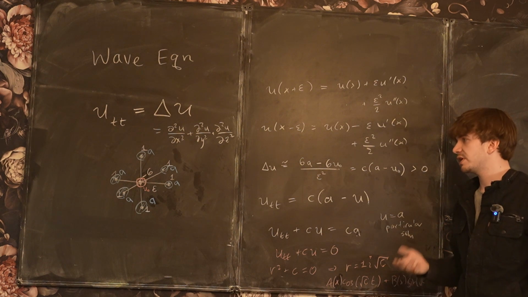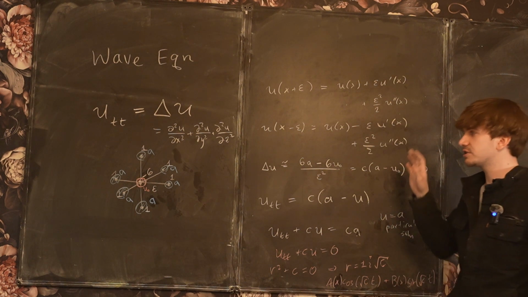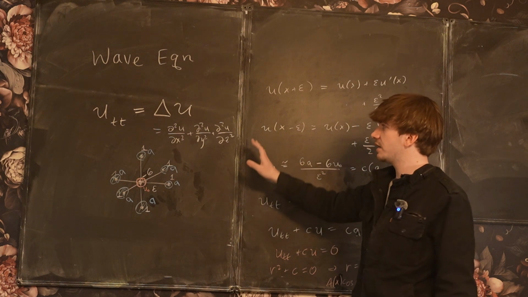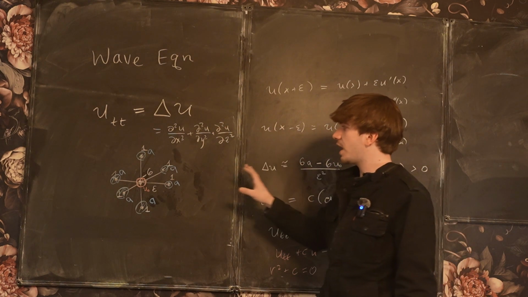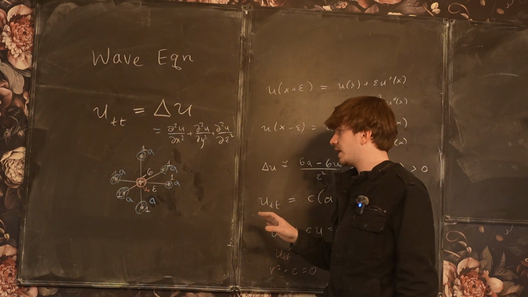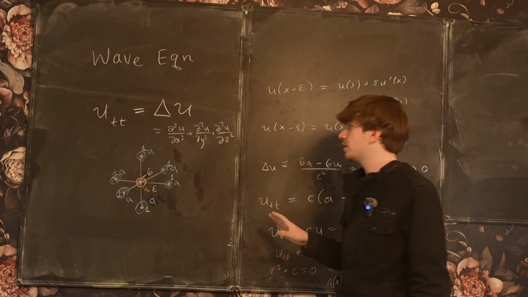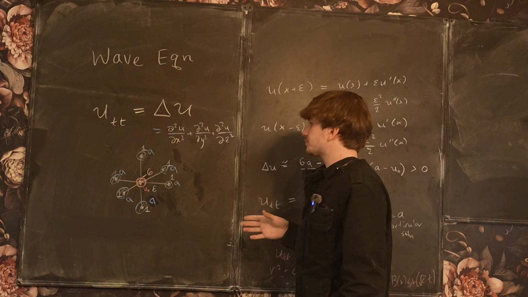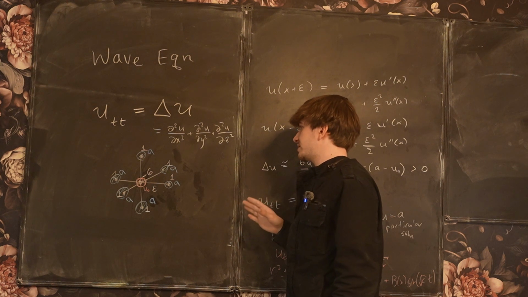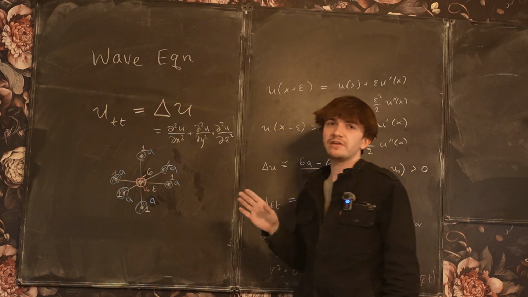And so these are all things that we can observe just by looking at the discretization to understand why this is a wave equation. And this is why. Because if we look at the discretization alone, we're getting wave-like behavior.